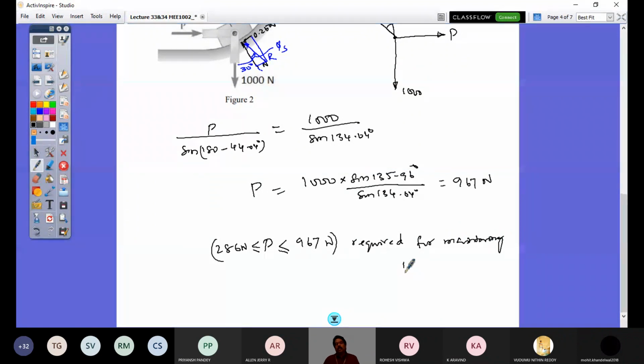Right? So this is how you can solve, and this is very simple. I hope you all would have solved correctly. So you get 5 marks each for both the cases.